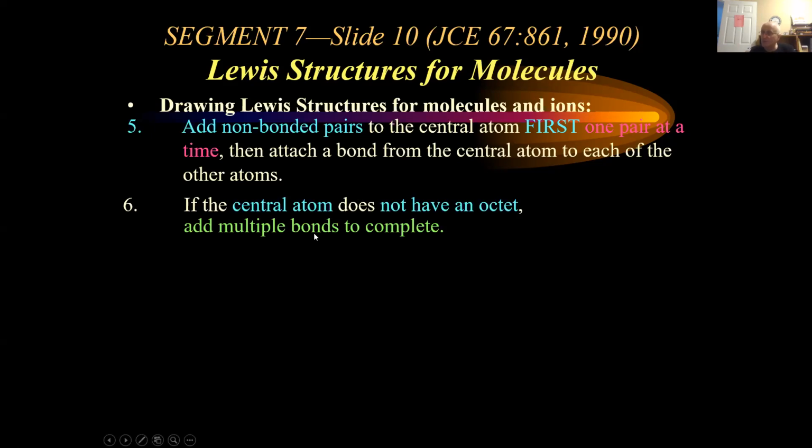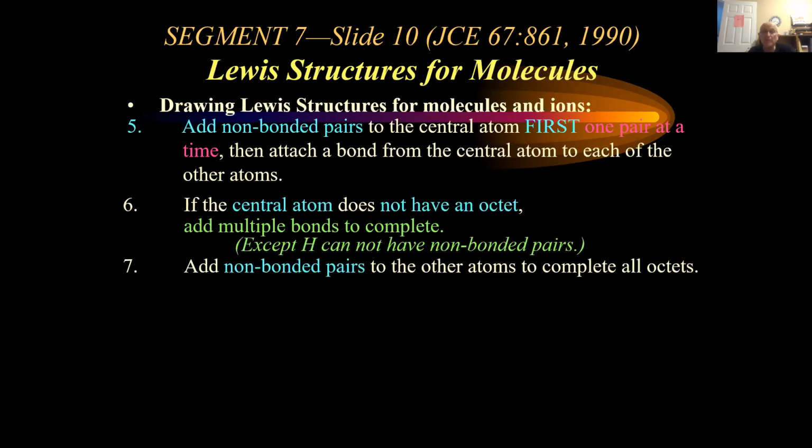You could have the double bond, that would be enough to do it, or you might have a triple bond, or in some cases, like in carbon dioxide, you have to put two double bonds in. And so at this stage, we're just adding multiple bonds to the central atom to create the octet on the central atom.